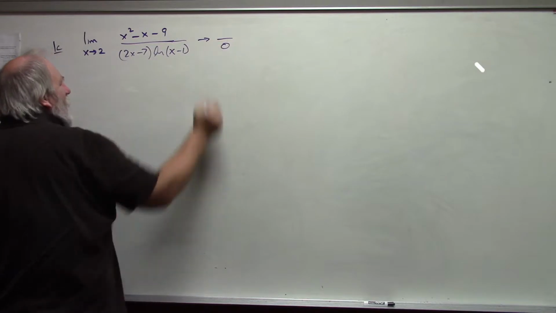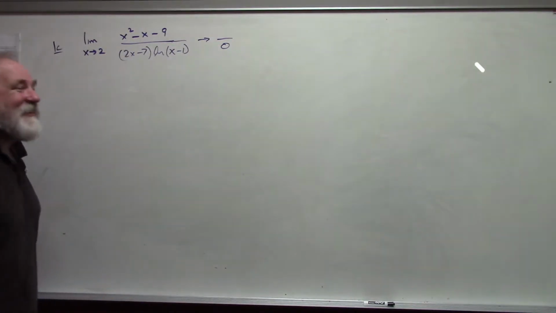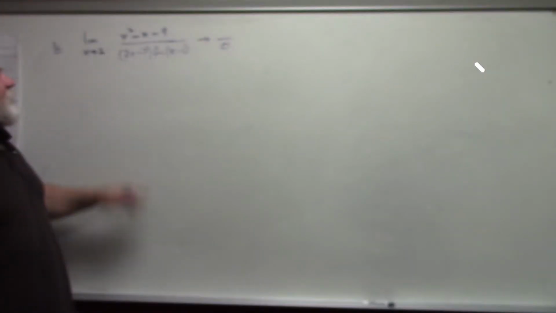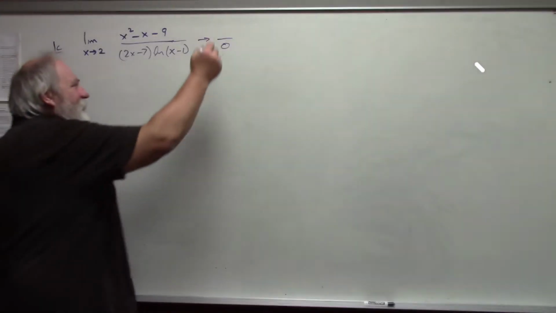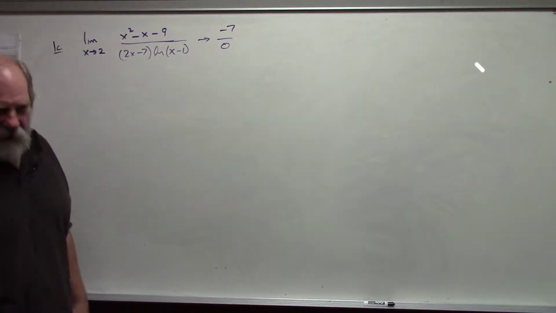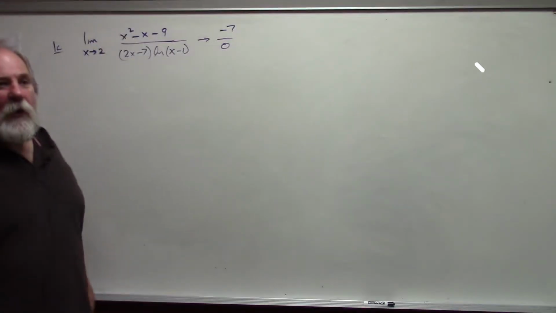However, my numerator is not approaching 0. My numerator is approaching 4 minus 2, which is 2, minus 9 is negative 7. When the denominator approaches 0 and the numerator does not, we are guaranteed to get an infinite limit.